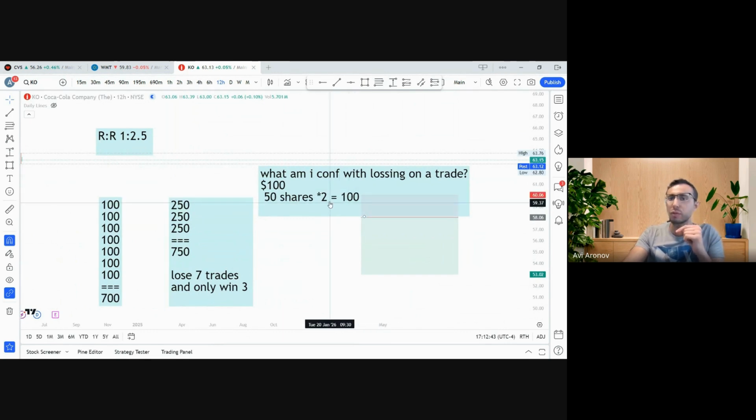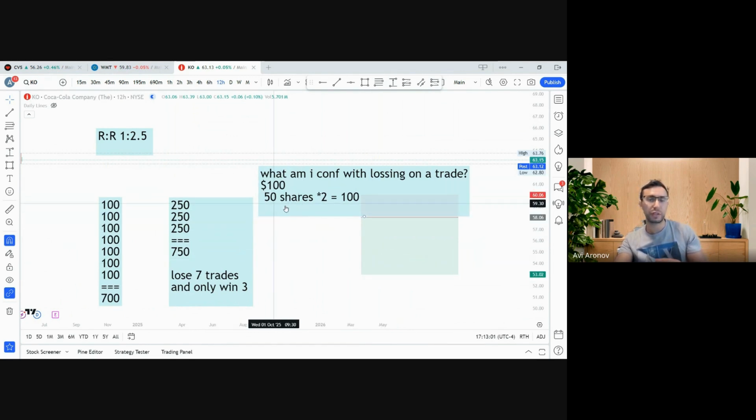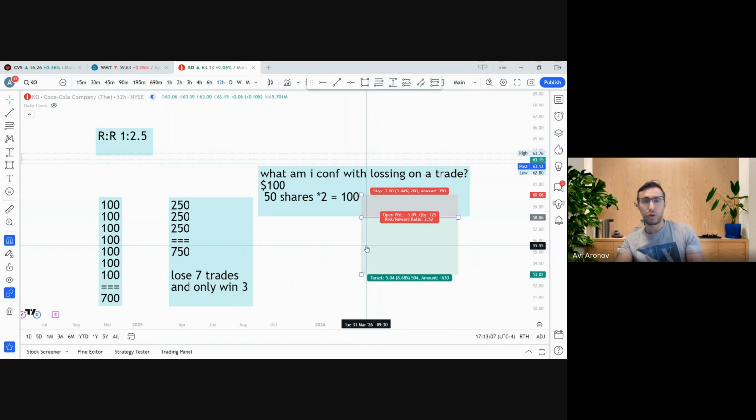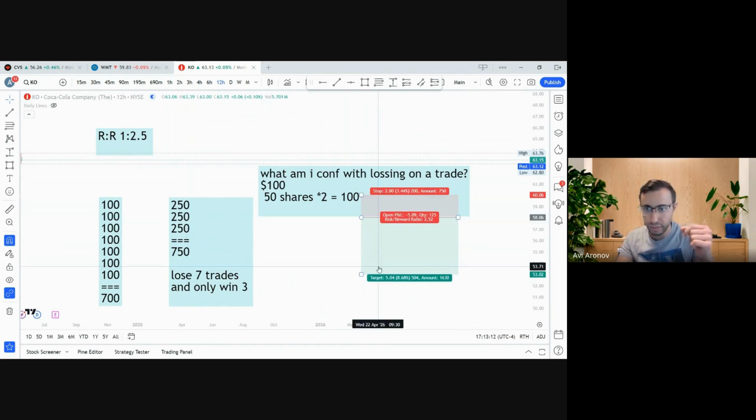Understand the amount of money that you feel comfortable with losing, and then make your plan around that, so the plan goes toward you. You have 50 shares with a loss of $100 and the potential of making over $250 in this case.